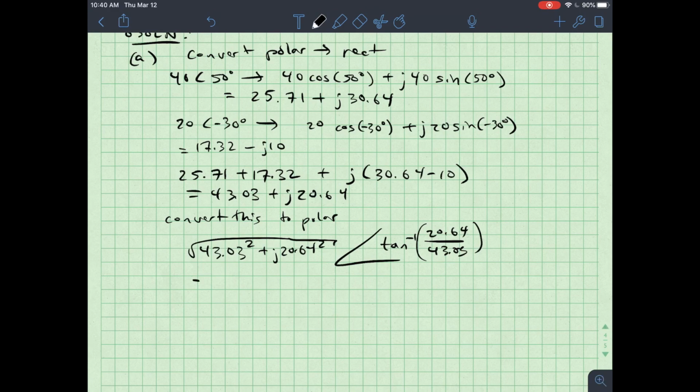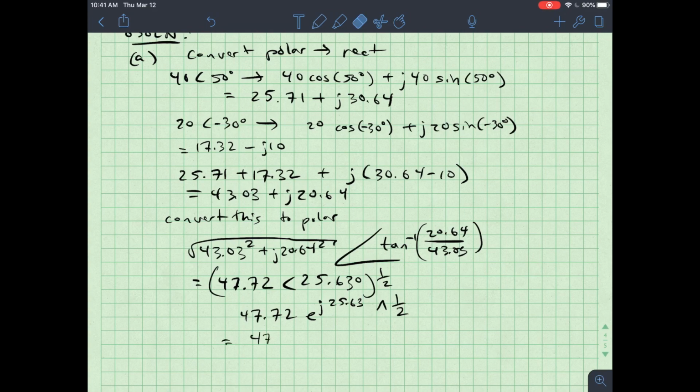When I calculate this out, I've got 47.72 angle 25.63 degrees. And then if I take the square root of this, that's the same as raising it to the 1/2 power. And I know that I could also write this as the exponential e to the j25.63. So if I take it to the power 1/2, that's the same as taking this 25.63 and dividing it by 2.